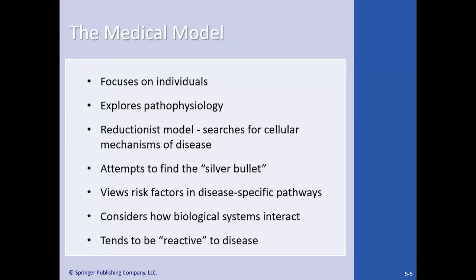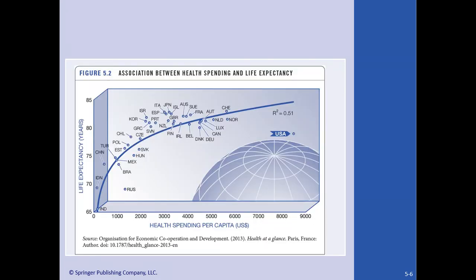The medical model, which is traditionally the model that has been used in this country, is very, very different. Your text spends a lot of time contrasting one model to the other. This focuses more on the micro level, on the individual, on the pathophysiology. It also tends to be reactive to disease rather than preventive of disease.